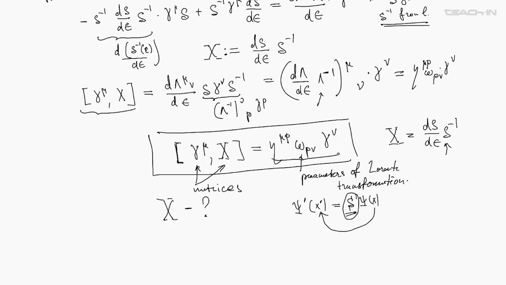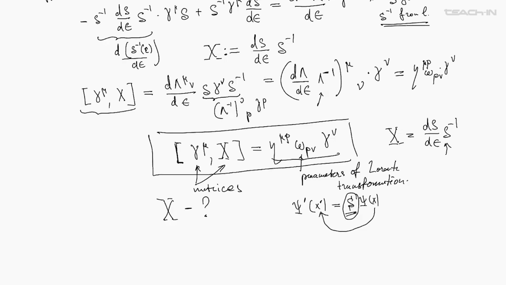Well, and here, if I remember from some other books, S should be a spinor representation of the Lorentz group. Yes, you are completely right. We will show that what we are deriving here is a spinor representation of the Lorentz group.